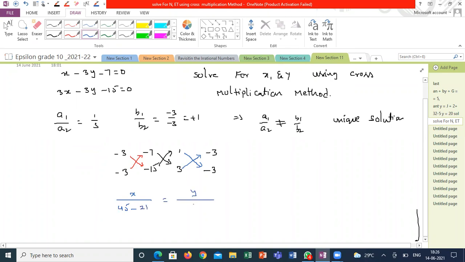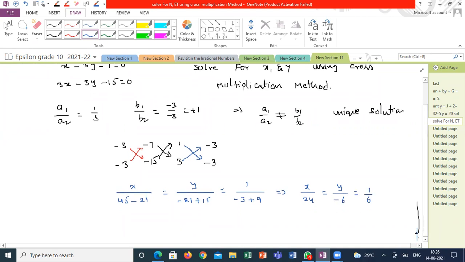Y divided by -7 into 3 is -21, -15 into 1 is -15, that is +15. 1 divided by -3 +9. So from here, x by 24, y by -6, 1 by 6.